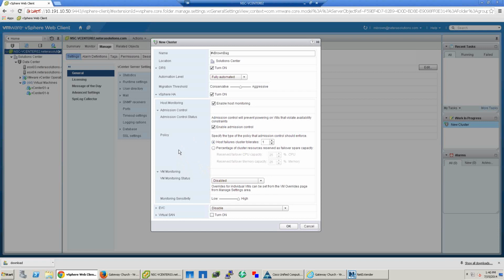When you create a cluster, you also have the option to enable EVC, Enhanced vMotion Compatibility. What EVC will do is ensure that any host that you add, or any host in the cluster, meets a minimum CPU level, right? The idea with vMotion is that because it's a live migration, instructions need to be able to execute the same as they would on any host in the cluster.